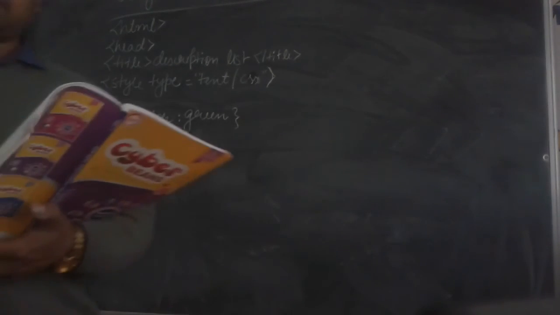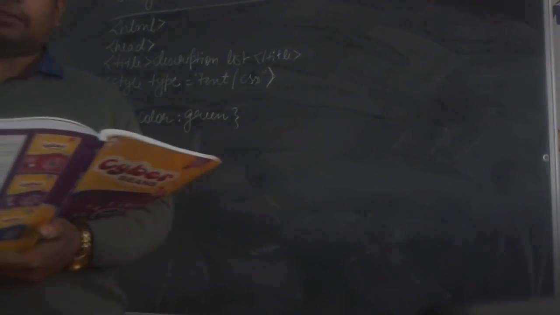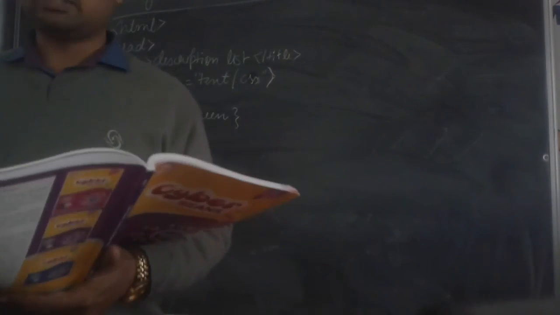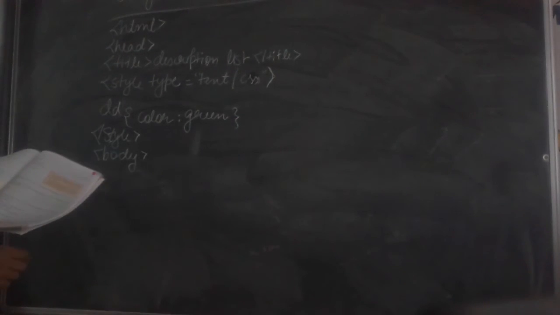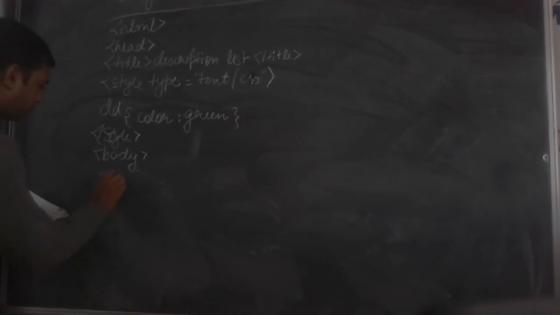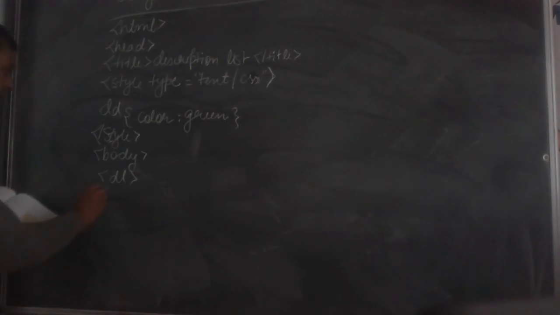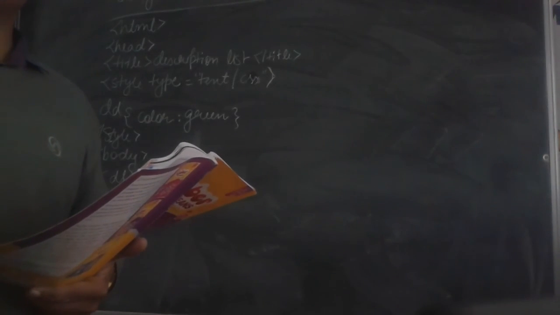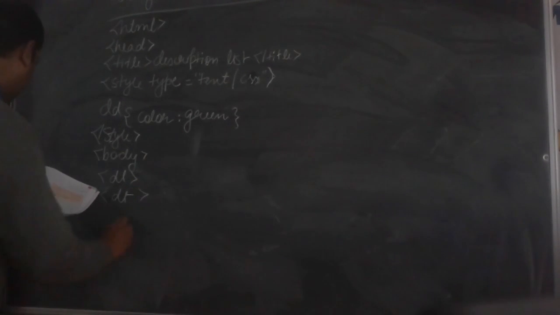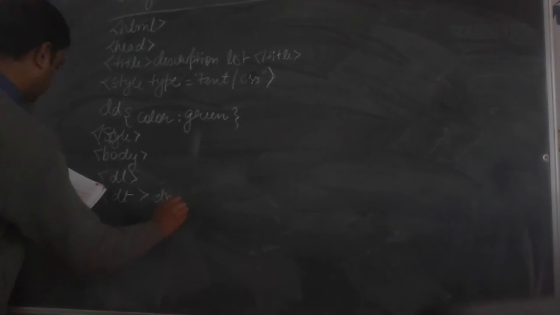After starting this body tag, everything what we have written will come under the sequence. Now first we are writing DL, this is the definition list, then DT. Inside the dt, heading will be provided to you, and after this we are giving the value DNA, close dt.